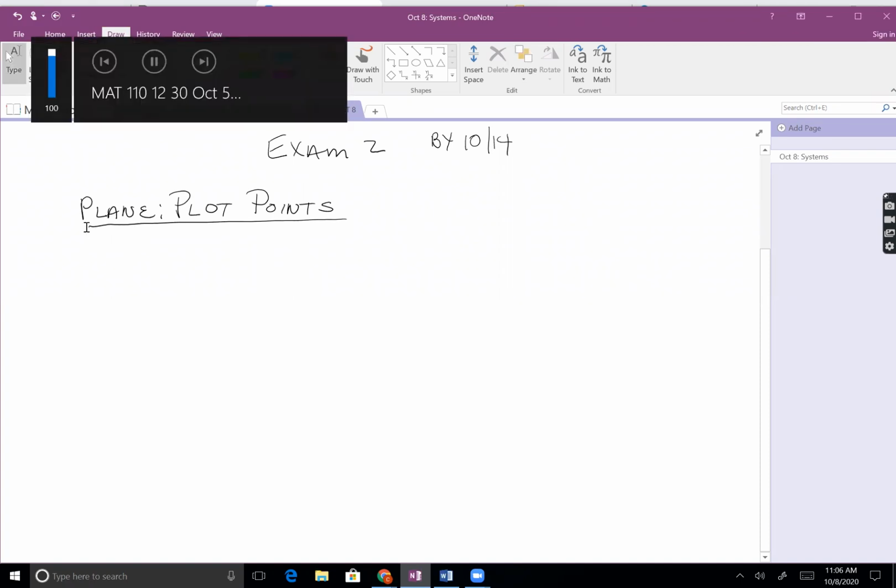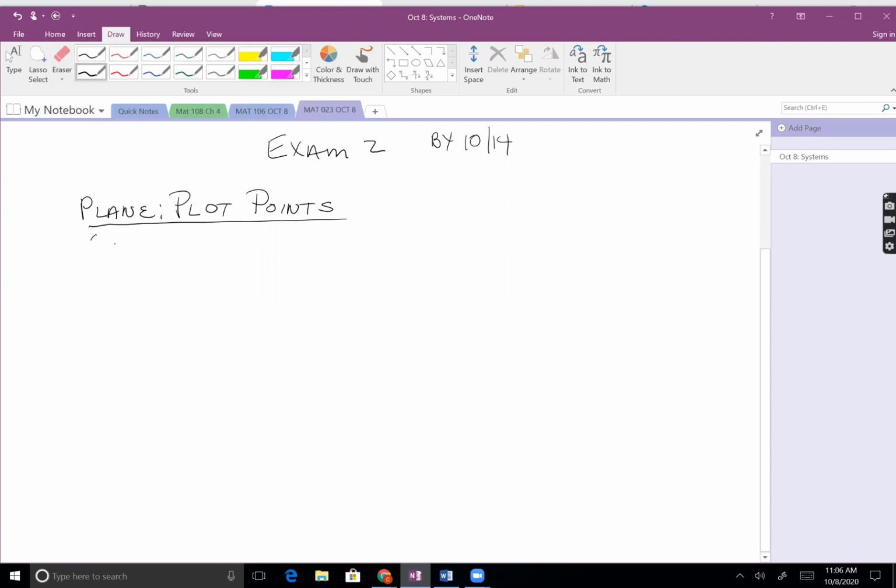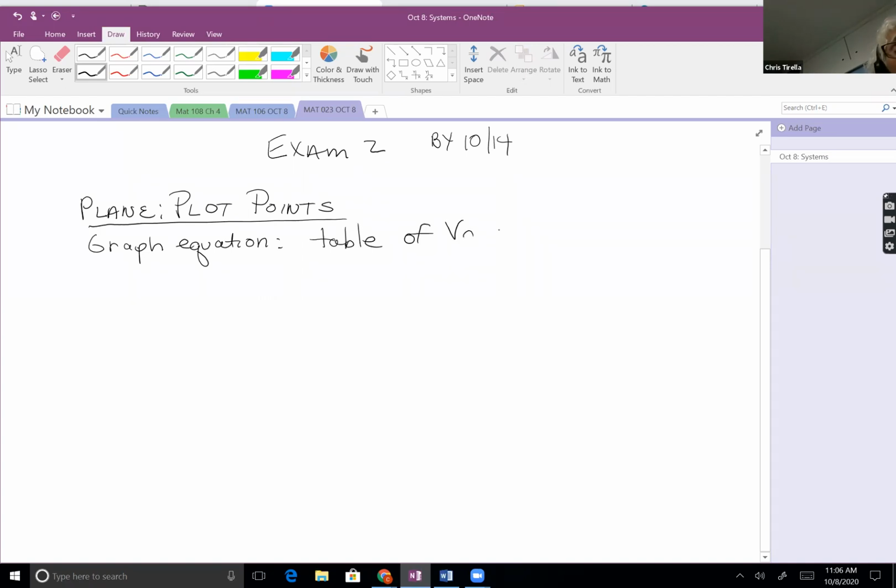Yes. Then we looked at graphing an equation by making a table of values. And remember, we said you can substitute any 3 values that you want. Usually for x, you solve for y and plot the points.